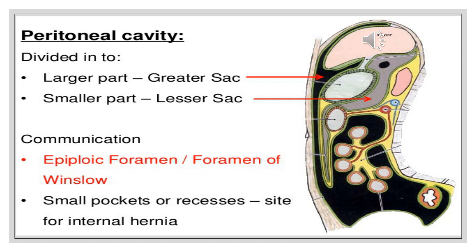Small pockets or recesses of the peritoneal cavity may be separated from the main cavity by small folds of peritoneum. These peritoneal recesses or fossae are of clinical importance because internal hernia may take place into these recesses.